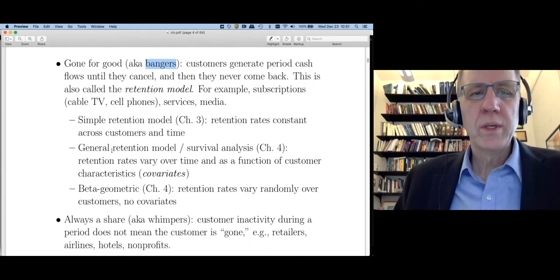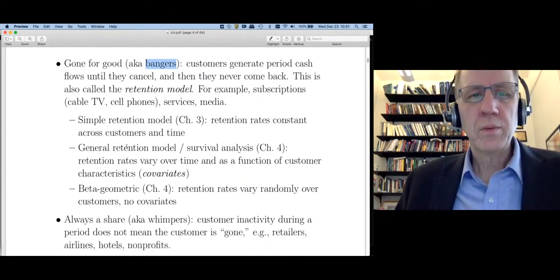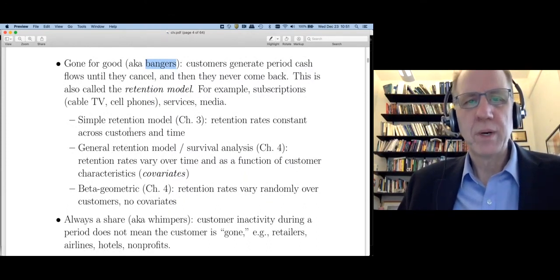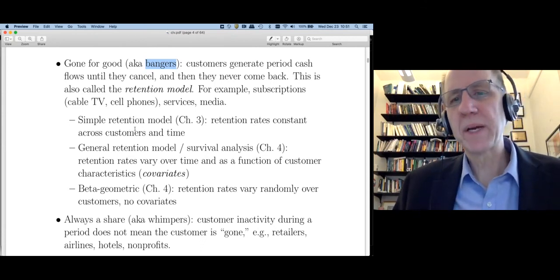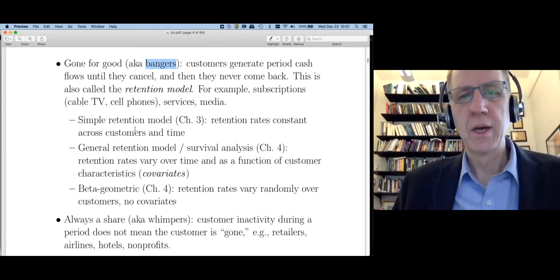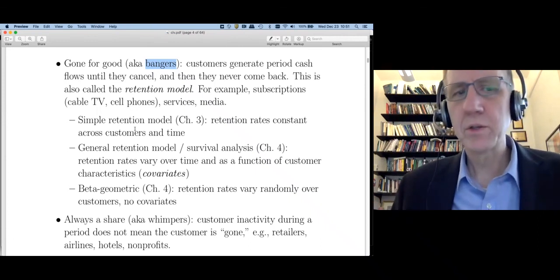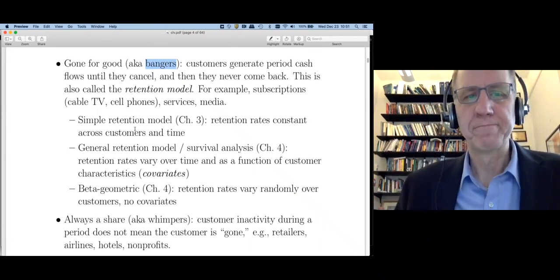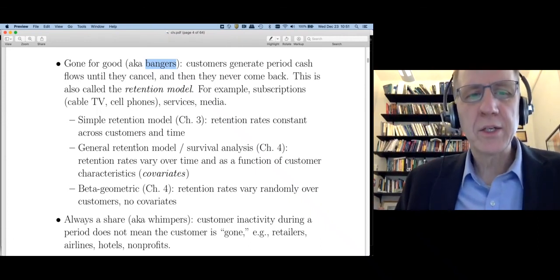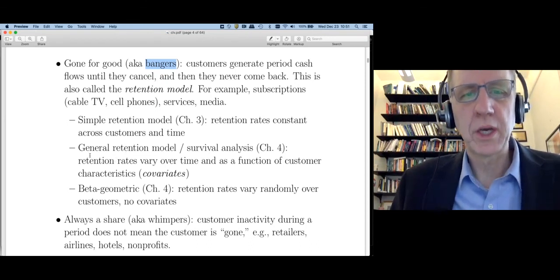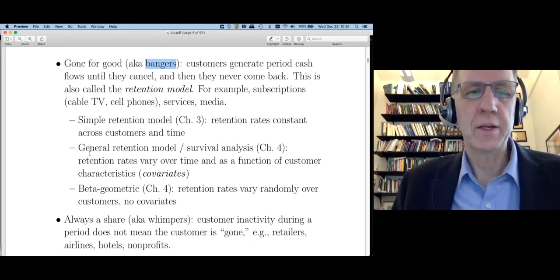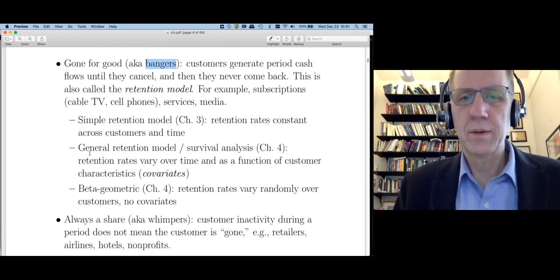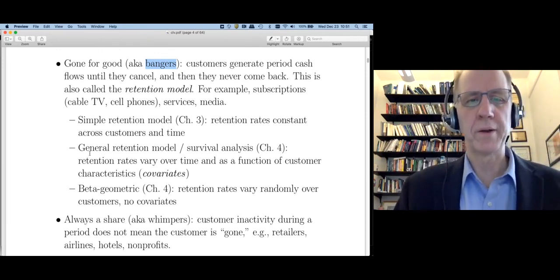Where we're going to go with this is we're going to start with a model called the simple retention model, which makes some very strong assumptions, but turns out to be a very useful model. We're then going to relax those assumptions with something called the general retention model, and we're going to use survival analysis to estimate retention rates with this model.